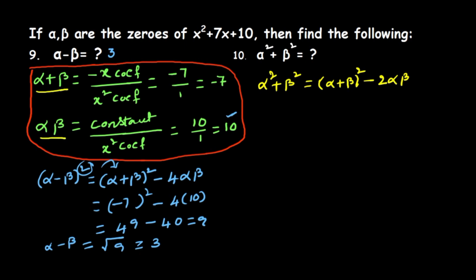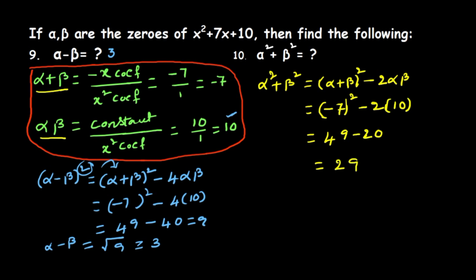Alpha plus beta here is minus 7, so minus 7 whole square minus 2 into alpha into beta, which is 10. Minus 7 square is 49, minus 2 tens are 20. Then 49 minus 20 is 29.